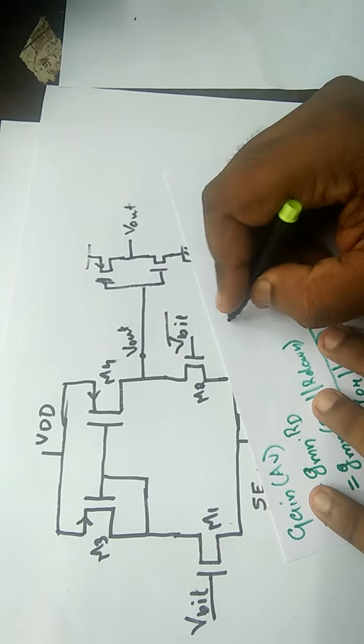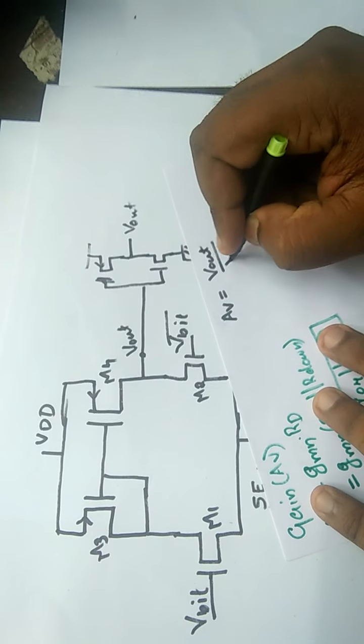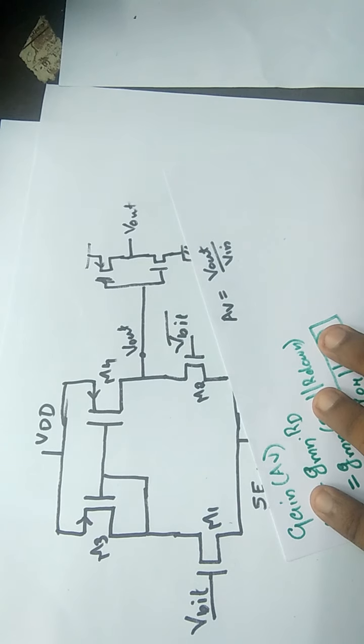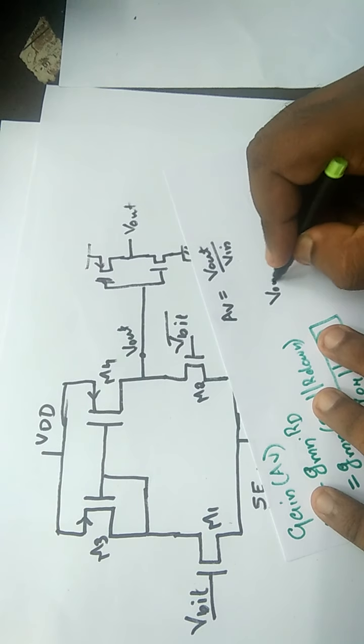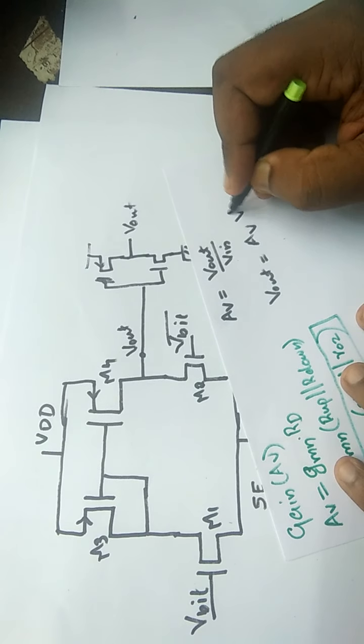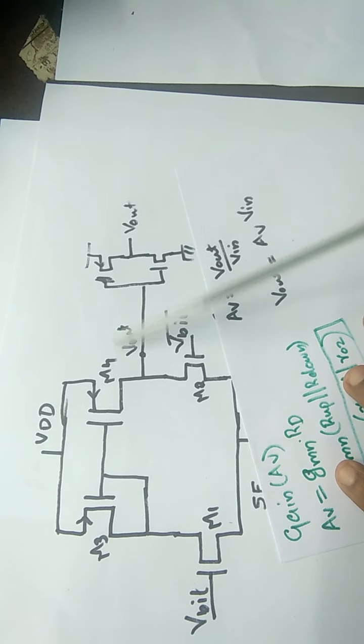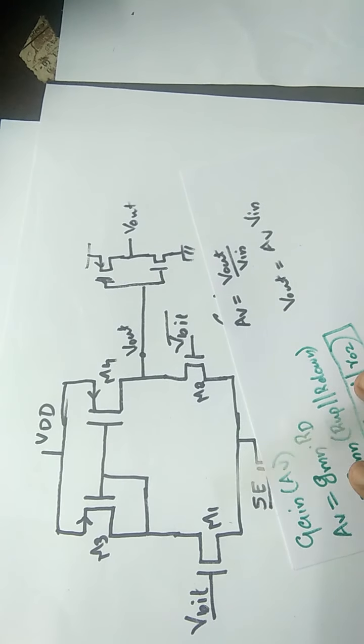Then what actually is this gain? As you all know, gain AV can be written as the ratio of V out by V in. So what will be your V out? V out will be equal to the gain AV times V in. From this circuit it is clear that V out is the output voltage, but for V in, we are giving input to the two transistors.